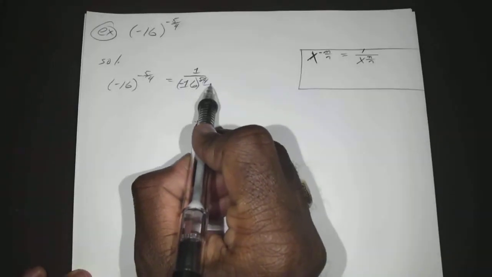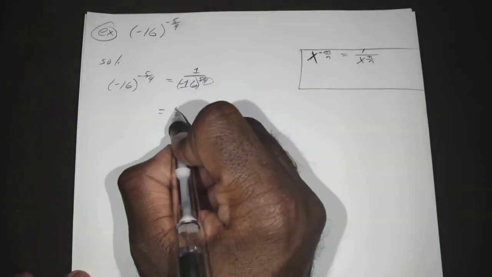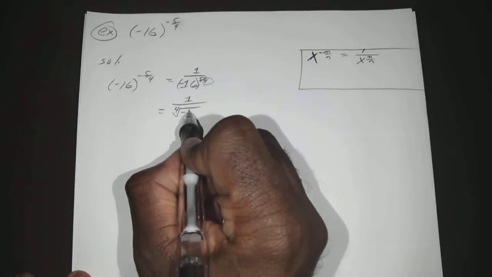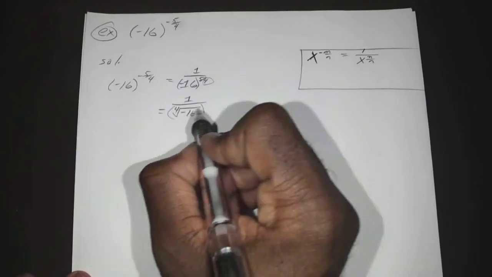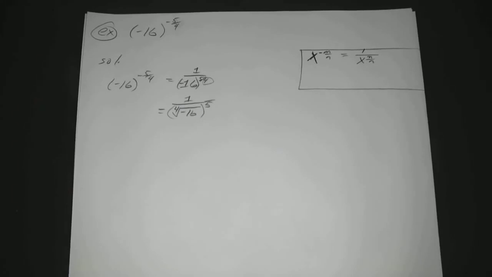Now that denominator is going to be our index. So we have 1 over the fourth root of negative 16, and that raised to the 5th power. The only problem with that is you can't find an even index with a negative radicand. You can't find any real number that multiplies by itself 4 times to give you negative 16.